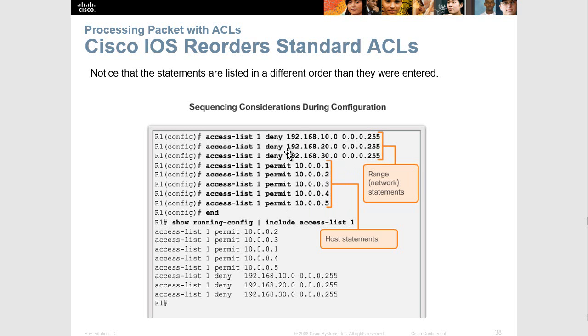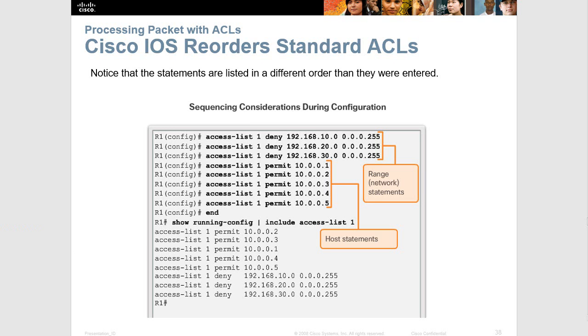If they did, then you'd get an error message, like we saw in the previous example. When you do a show running config, you'll see all of your host entries are first, and then your network entries or network range entries are second. That's just the way that your router is going to look through these access control lists.